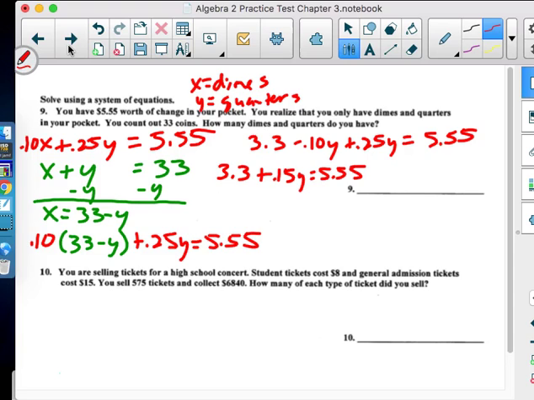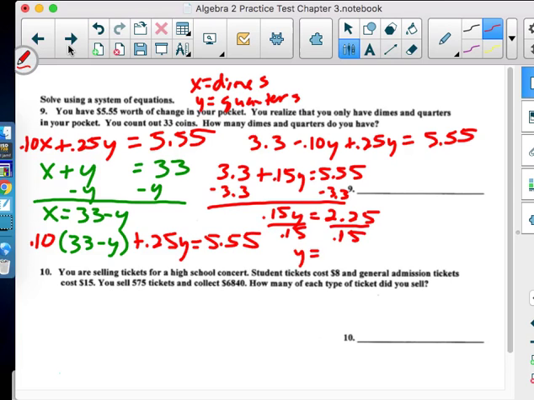We need to take 5.55 and subtract $3.30. 0.15y equals $2.25. Divide by 0.15. And we get 15. And then I just have to figure out 15 what?